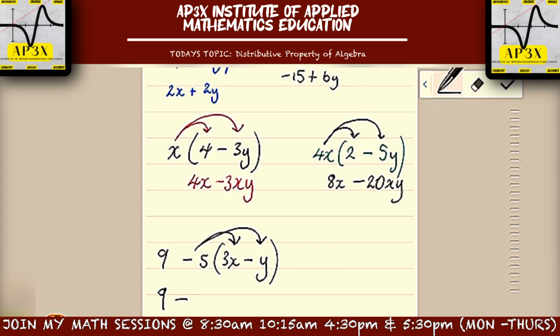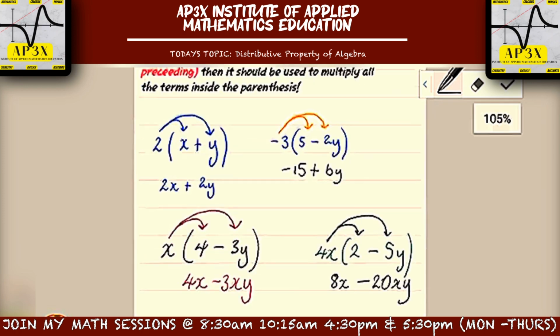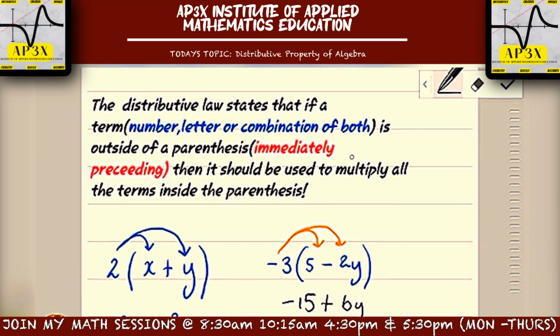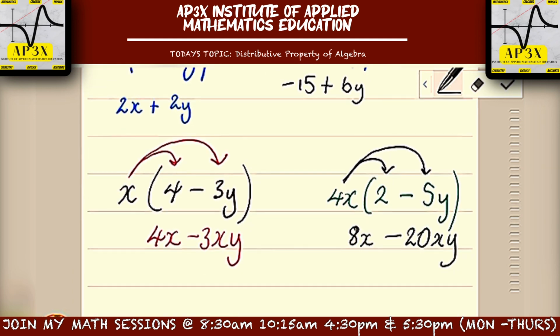Now, one of the things that I also find, and let me just quickly erase this step that we're taking here, is that some students tend to overread the instruction of the distributive law. This is why in the instruction that I had given you up top here, I placed in red here, immediately preceding the bracket. And why is that so powerful?